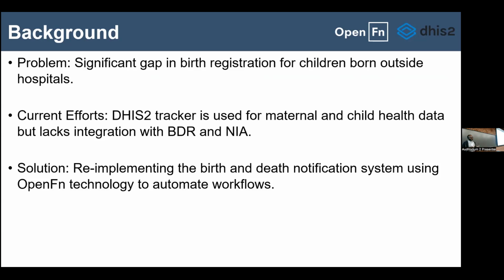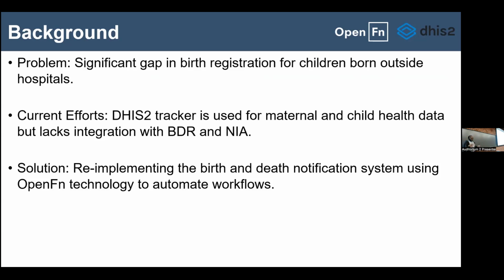Now, what this project is doing is that we are trying to make sure that when the community workers register the children into Tracker, we are able to get a birth and death certificate for them, and then also get the national ID for them.